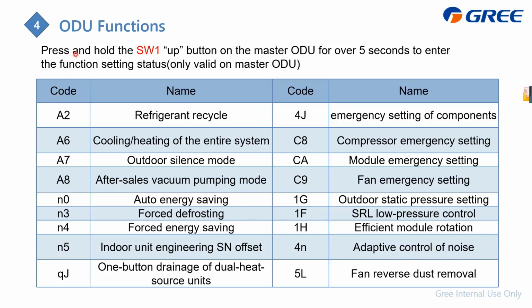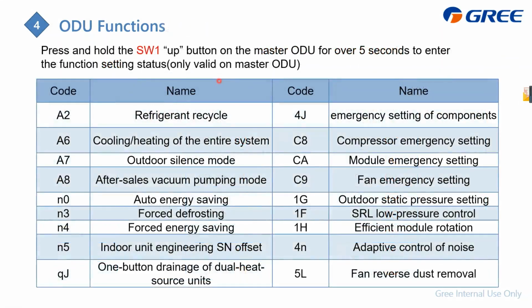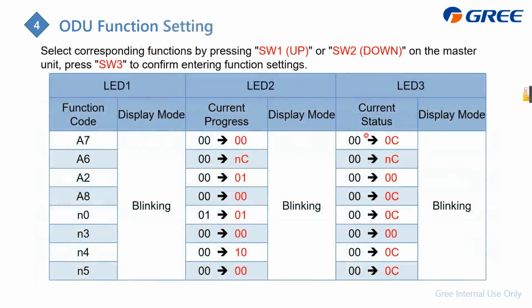And we should press and hold the SW1 button for 5 seconds. Now we can enter the function setting status. Okay, we can see it's only valid on the master outdoor unit. We can press this SW1 and hold for 5 seconds to enter the function setting status.